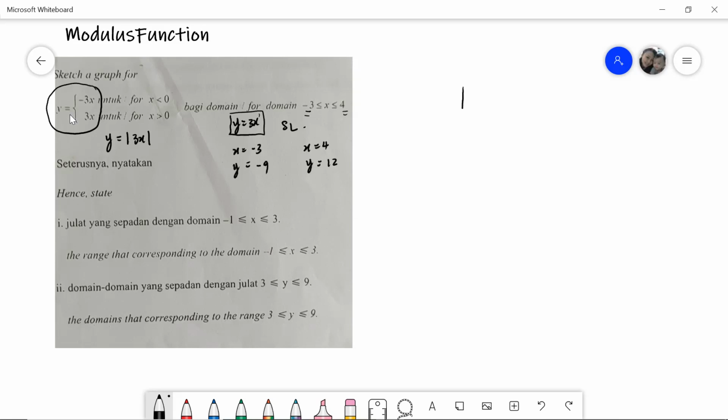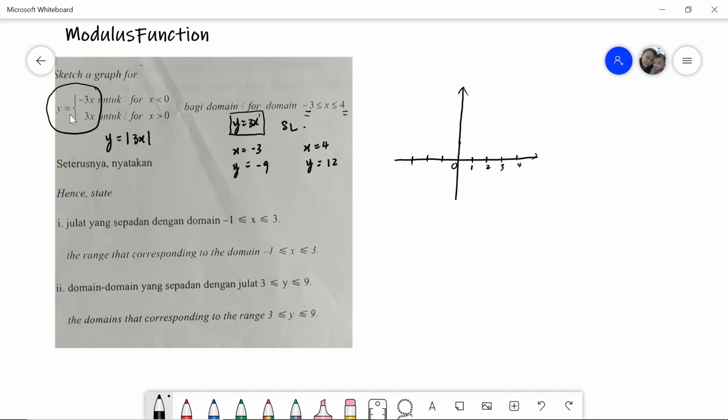So let's just sketch on our Cartesian plane. Even though it's a sketch, we still need to try to mark down our scale with a more consistent distance.